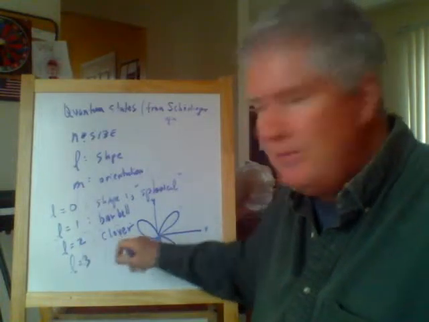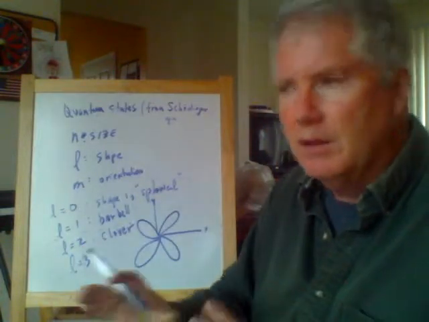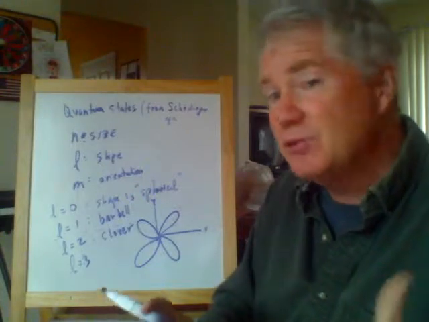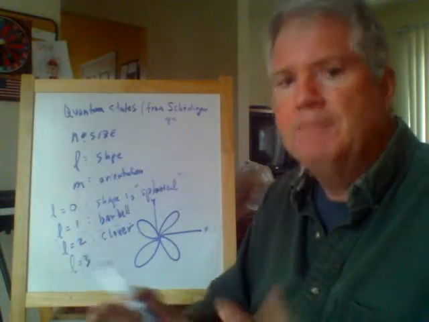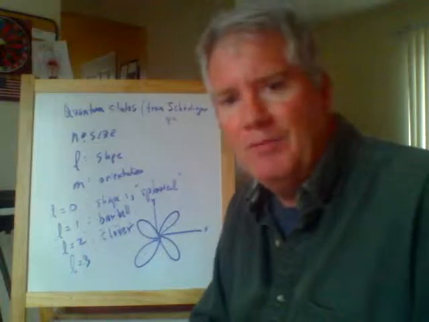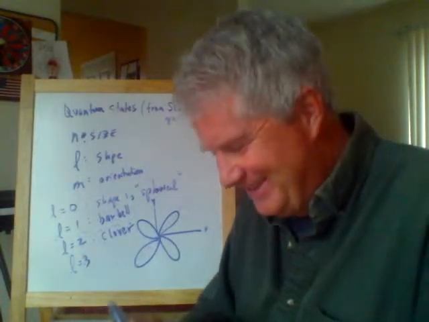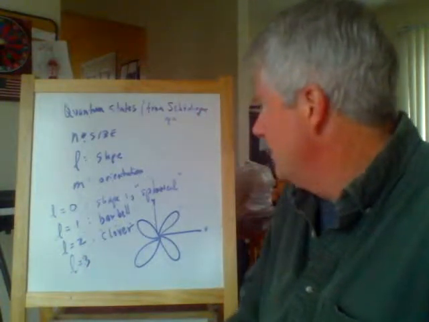The other shapes at L equals 2 and higher are less important in chemistry anyway. And so maybe that helps. Maybe that makes you feel good, or I don't know. But that's all I'll say about the shapes.